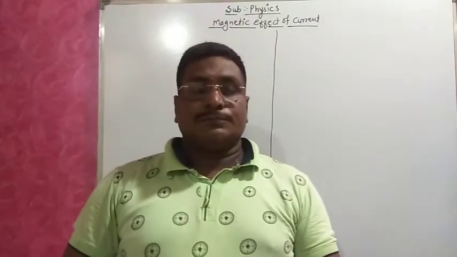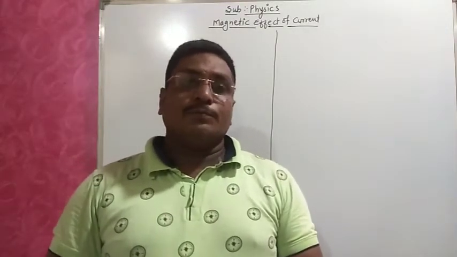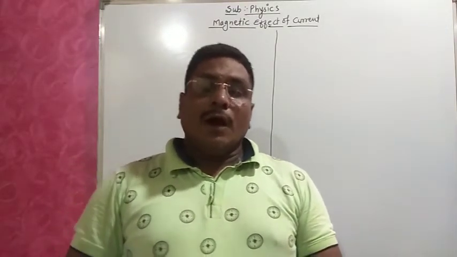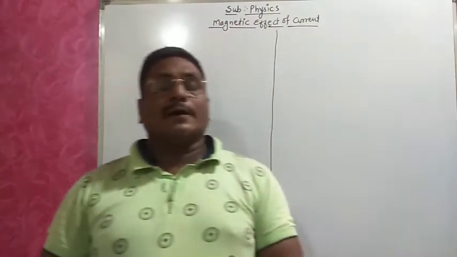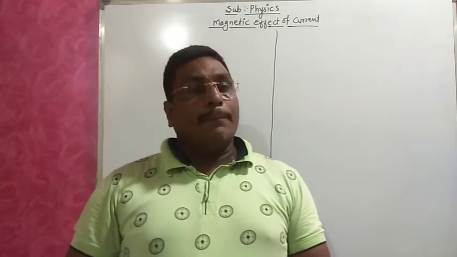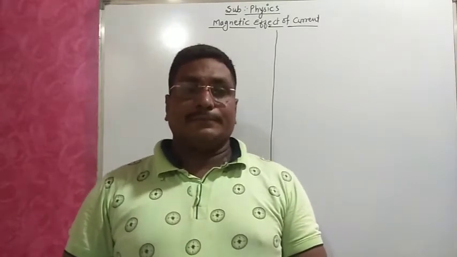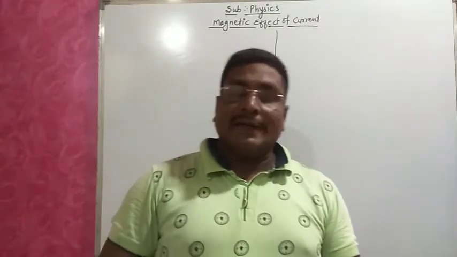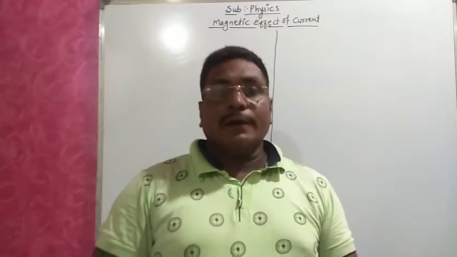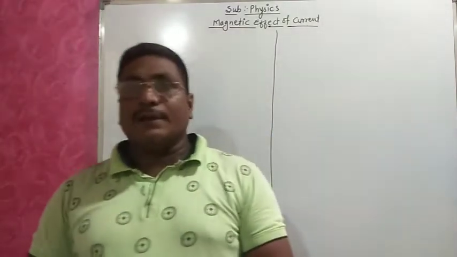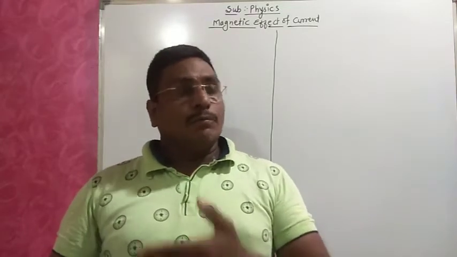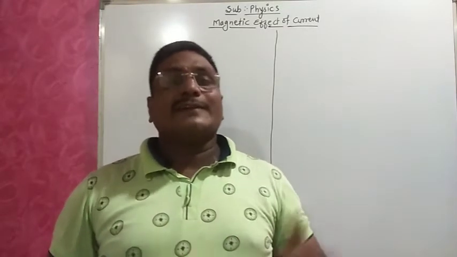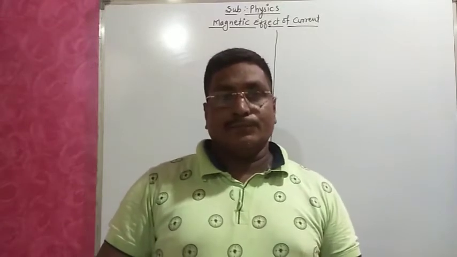Hello students. In the last video we discussed the force exerted on a current carrying conductor placed in a magnetic field. In that, through an activity, we discussed how the conductor moves to the right side and left side.